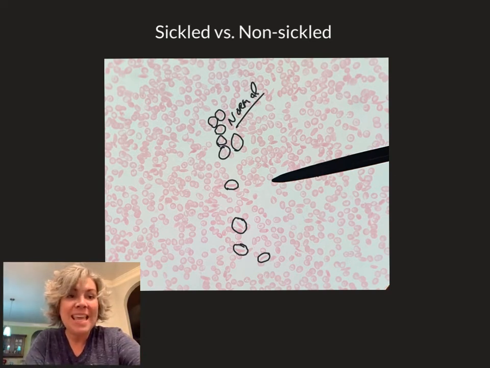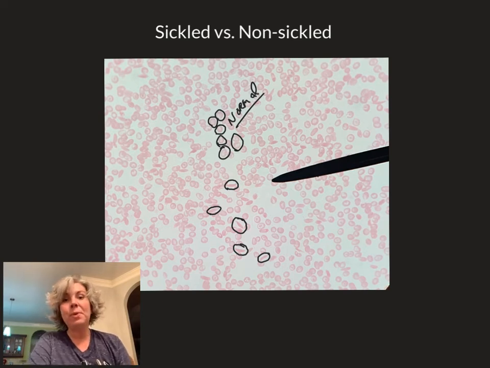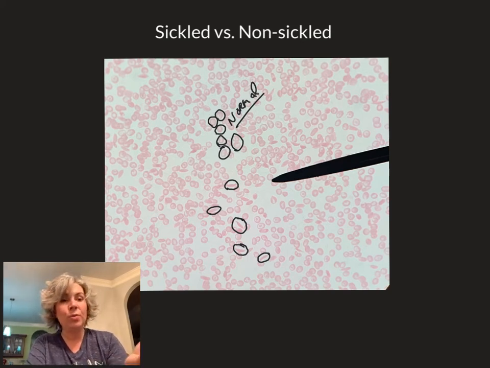These cells are your sickled cells. So what's happening is that hemoglobin is being synthesized abnormally because of that mutation or that change in the DNA. And since the hemoglobin is abnormal, the red blood cells are ending up abnormal as well.